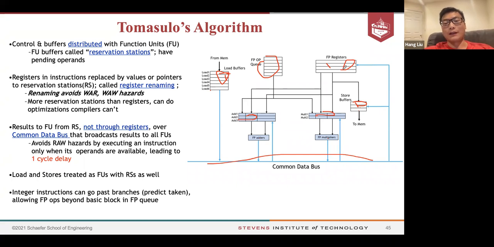So the dependencies we mentioned, data dependency, anti-dependency, output dependency, and structure hazards, are perfectly resolved by this reservation station. Registers in the instructions are replaced by values or pointers to reservation stations, called register renaming. This renaming avoids write after read and write after write hazards, and also automatically detects data hazards, right?